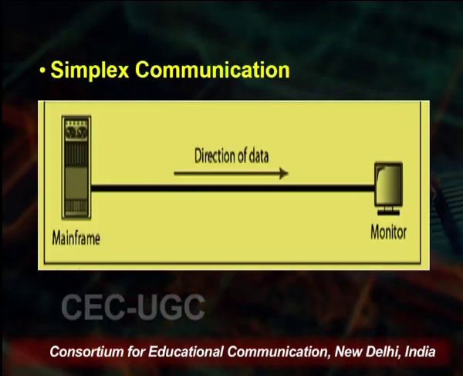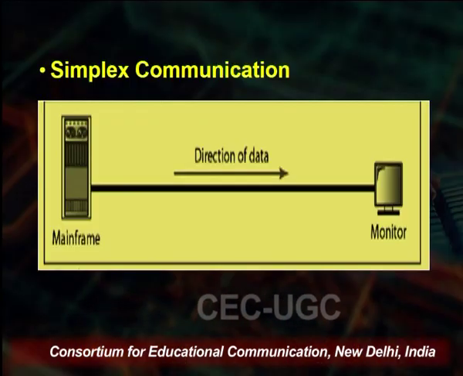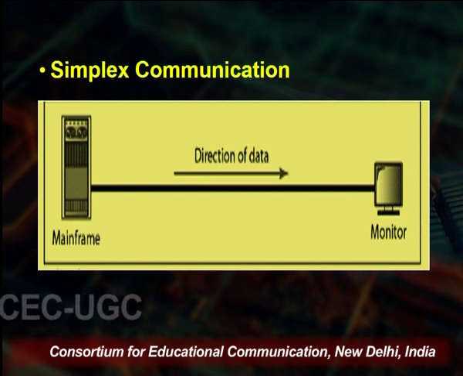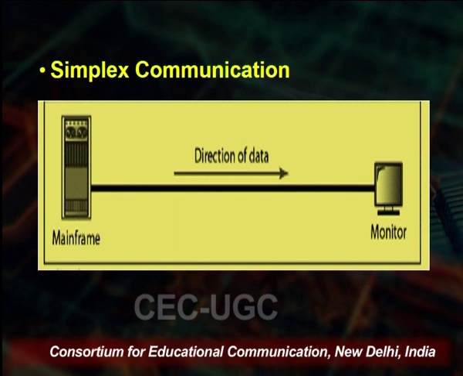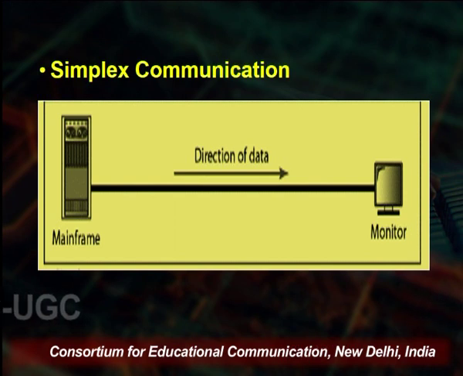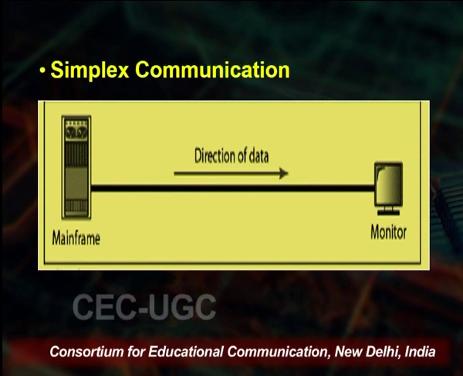So, if we talk about simplex communication, here is a figure which is giving you an idea about it. On the sender end we have a mainframe which is sending some information to the monitor, which is available at the receiving end. What is the direction of data?